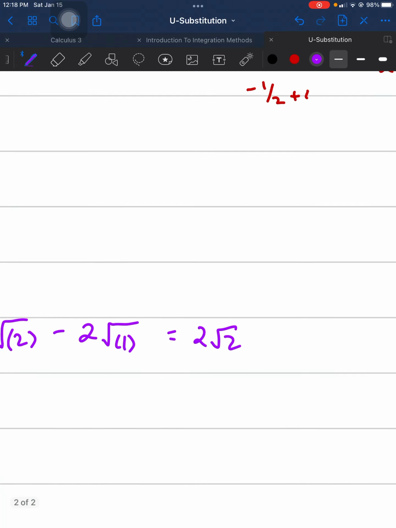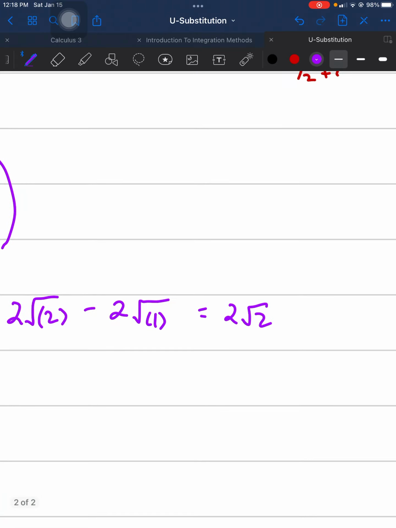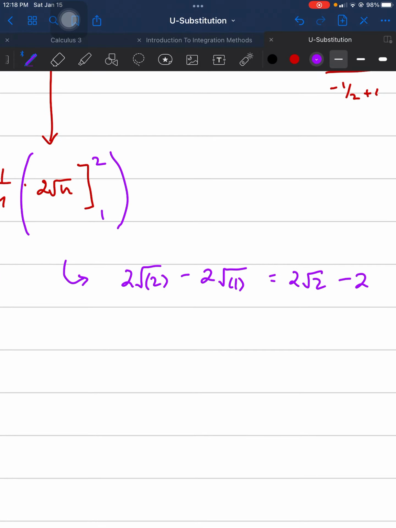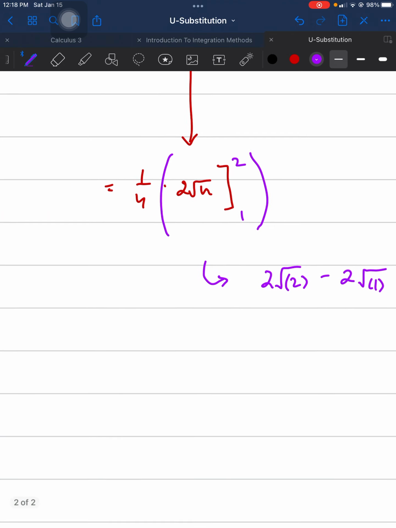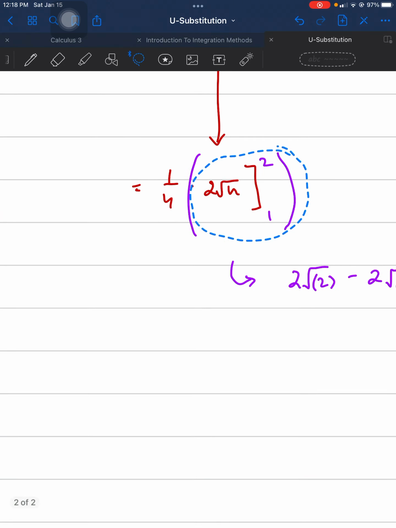You can't simplify that anymore. And then 2 times radical 1. Radical 1 is just a 1, so 2 times 1 is just 2. So minus 2. So what we get is 2 radical 2 minus 2, right? For this section of the expression, I guess.